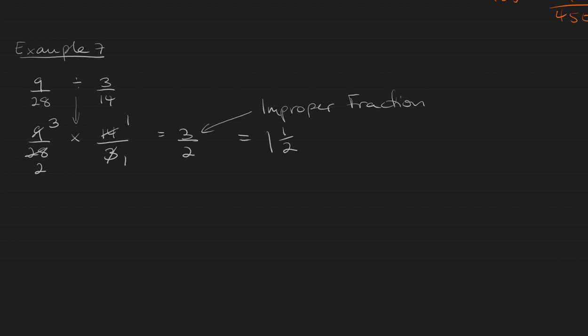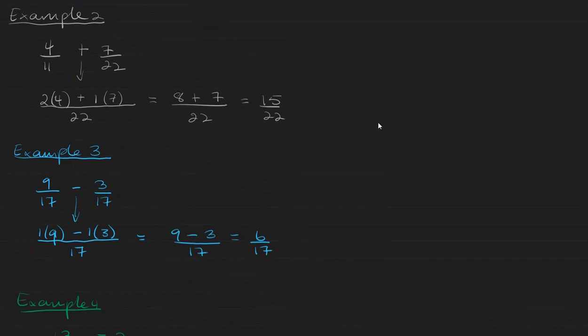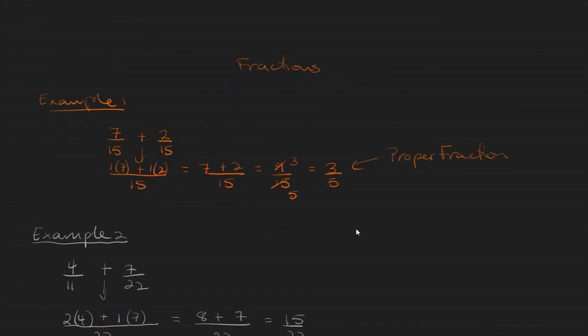So you put the remainder 1 over 2. This number here is what you would call a mixed number fraction. Now you prefer your answers to be in a mixed number fraction form rather than improper fraction form. So it's either you leave it in mixed number fraction form or you put it in the form of a proper fraction.